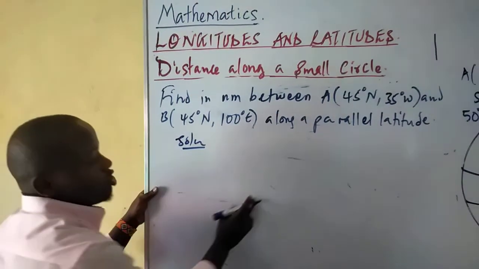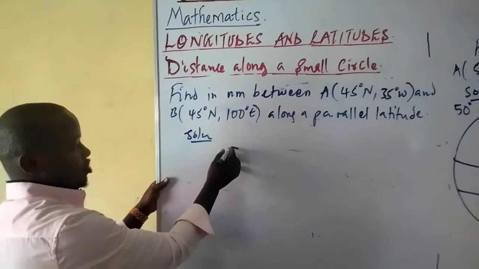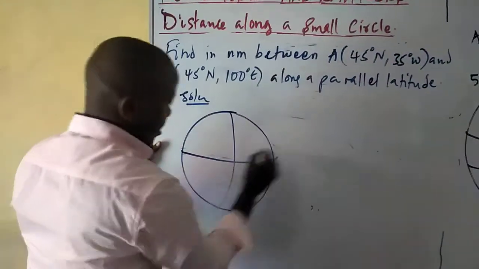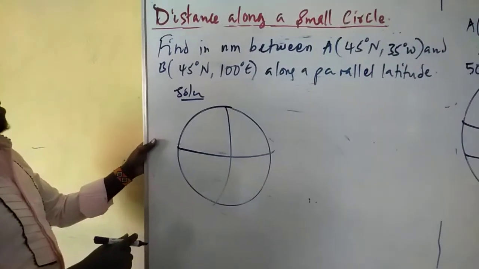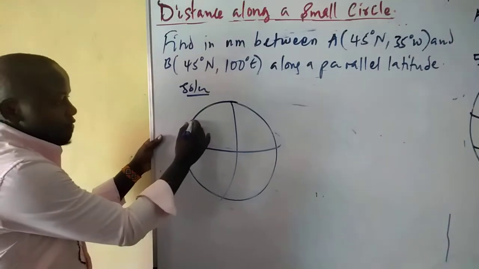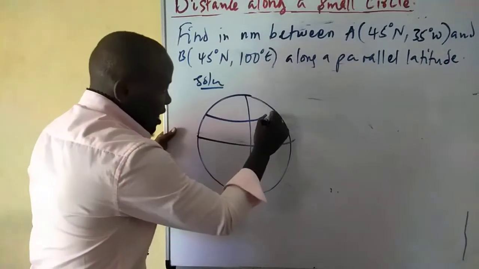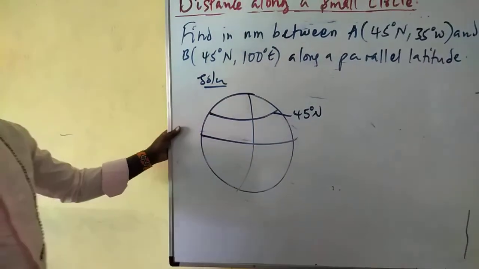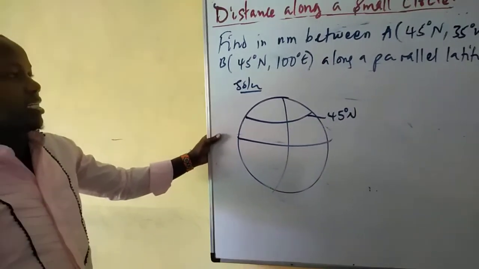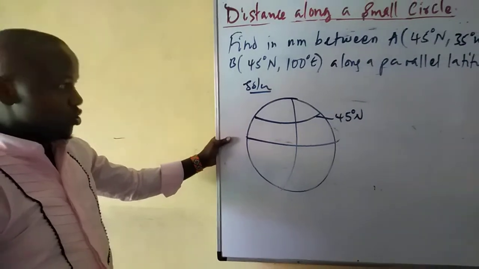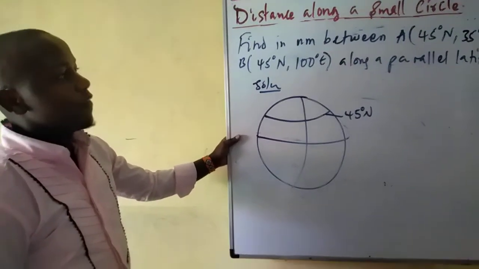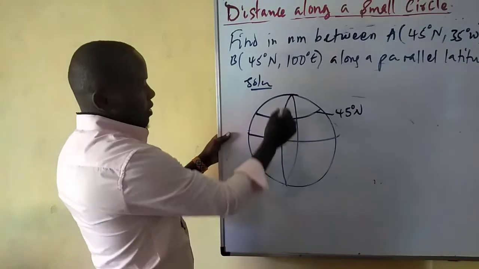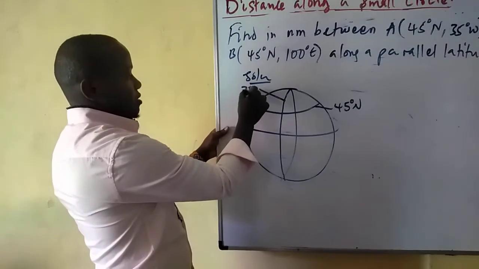We can sketch the two places on the Earth's surface just like this: 0 prime meridian and 0 equator. Then 45 north. Therefore, 45 degrees north is here. The two places are lying on that same parallel of latitude. Then we are told A is 35 west. Therefore, west is this side, 35 west.